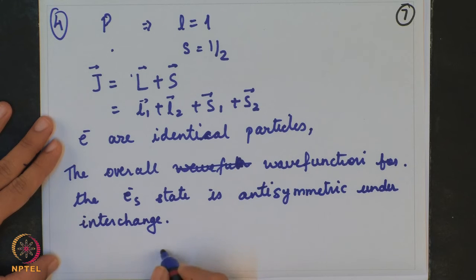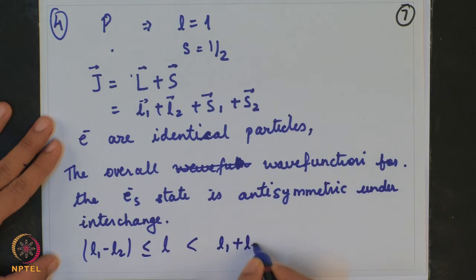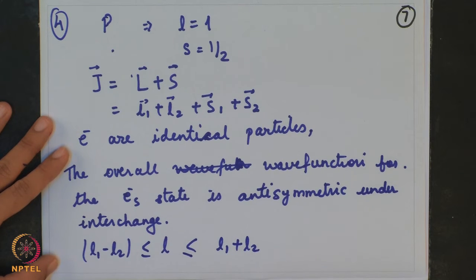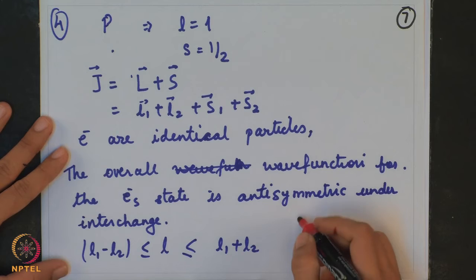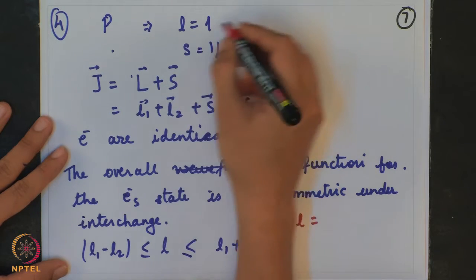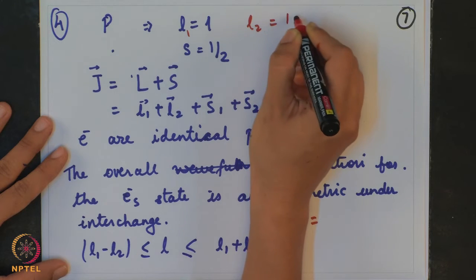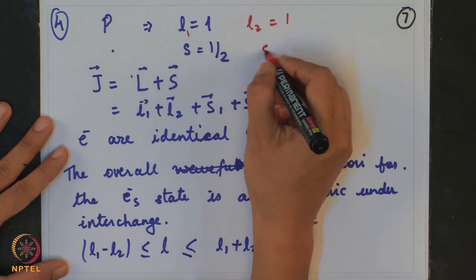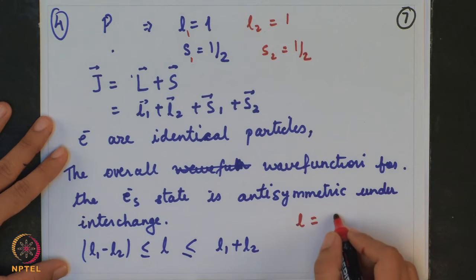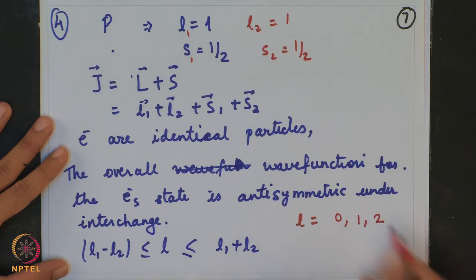So, L can take values from L1 minus L2 to L1 plus L2. L1 is 1, L2 is also 1, so L will be 0, 1 and 2.